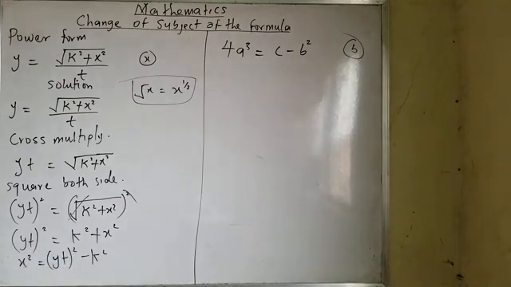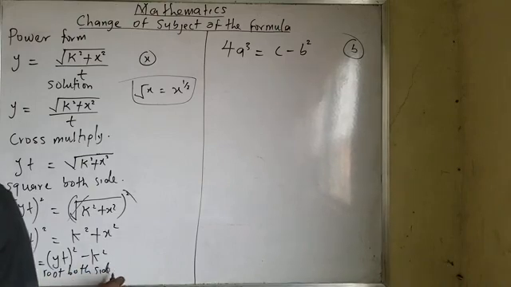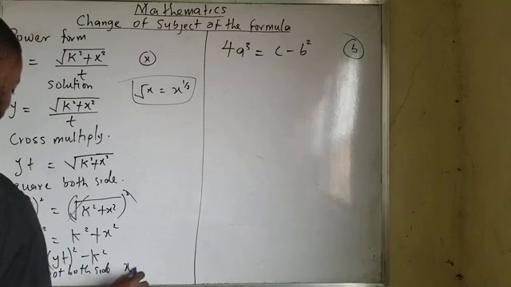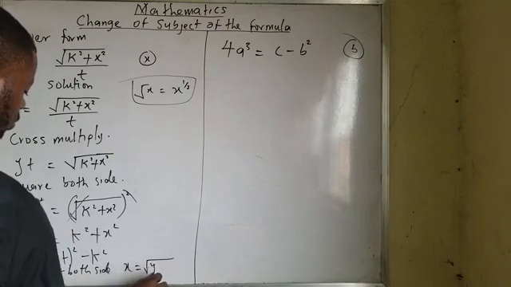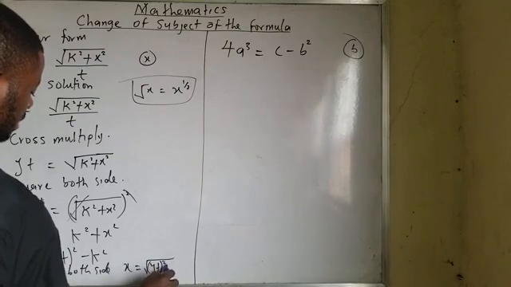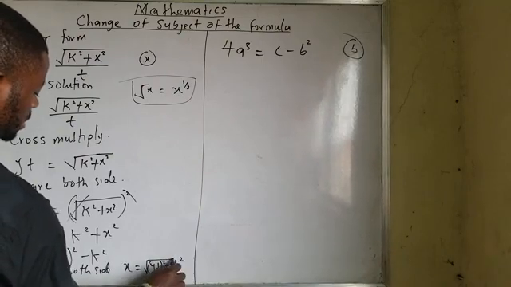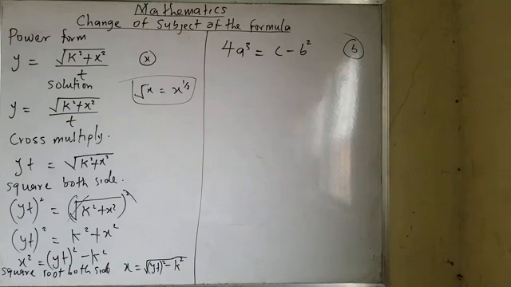Now I can square root both sides, which means I'll be having s equals to root of (yt) squared minus k squared. That is my answer.